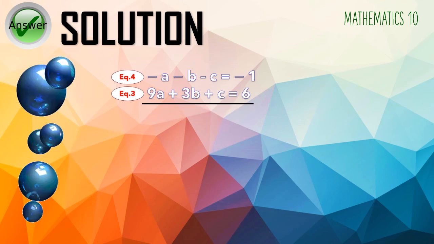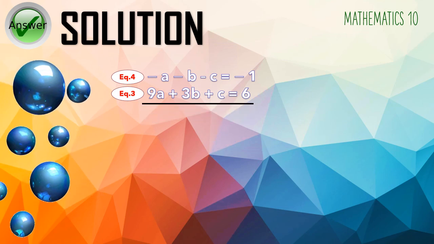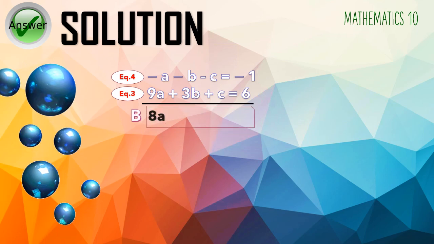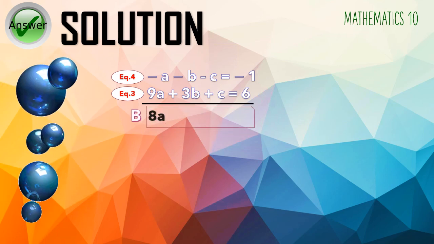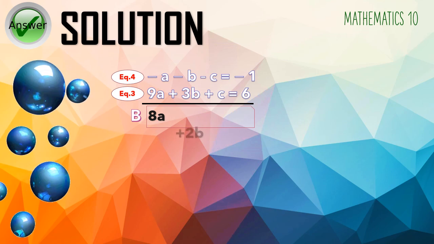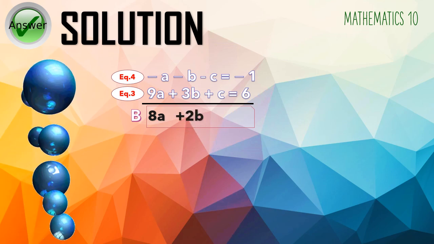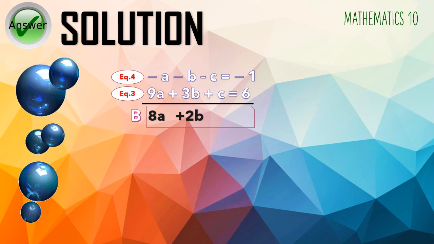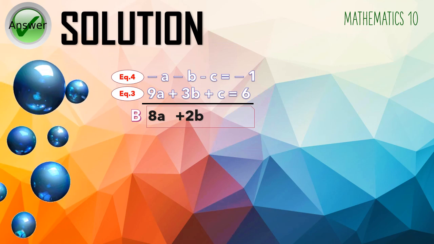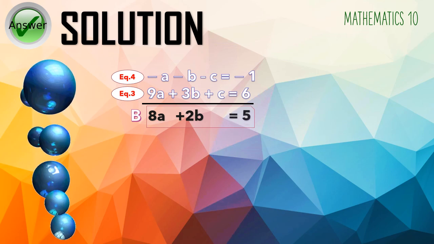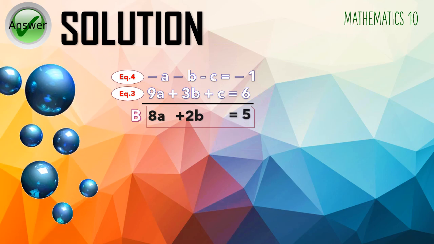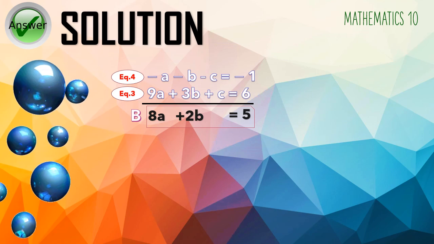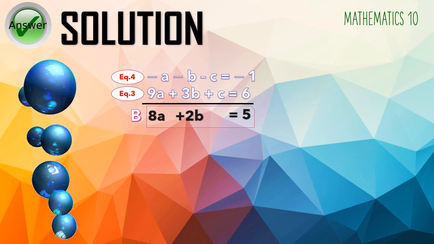So we can now continue simplifying this. Negative a combined with 9a will have 8a. Negative b combined with positive 3b will have 2b. And terms with c will be eliminated already, and negative 1 plus 6 will have positive 5. And this time, we will be naming this answer as equation B.